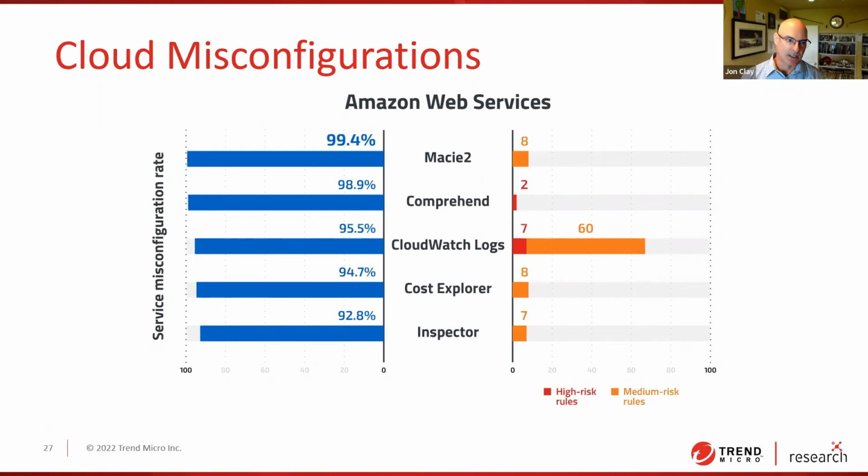You can see here on Amazon Web Services, we looked at five different areas: Macie2, Comprehend, CloudWatch Logs, Cost Explorer, and Inspector. You can see the high risk rules and medium risk rules associated with them. On the left-hand side is the misconfiguration rate we saw in each of these areas of AWS. It goes from 92.8, basically 93% misconfiguration rate, all the way to almost 100% in Macie2.